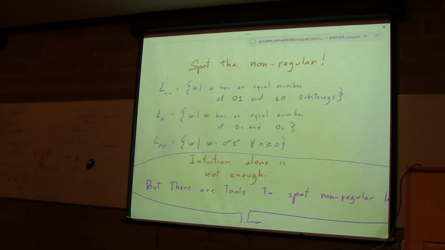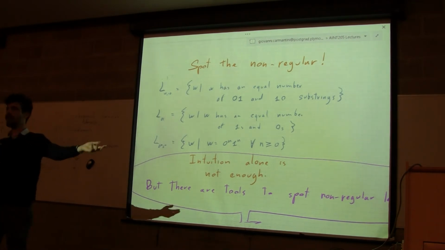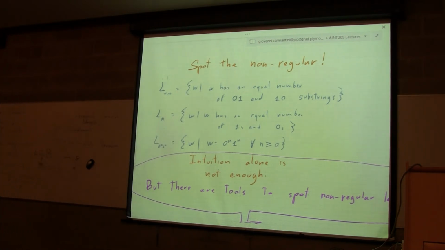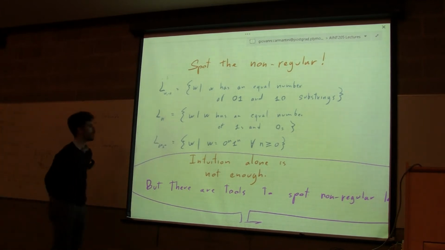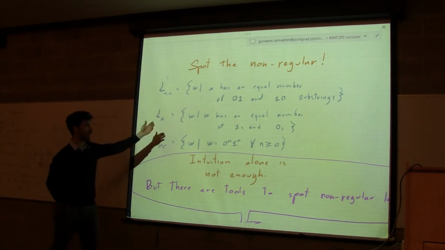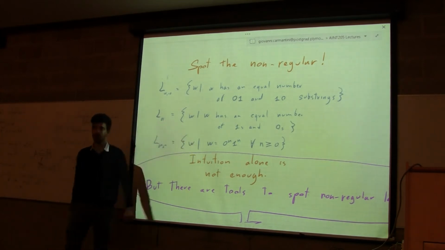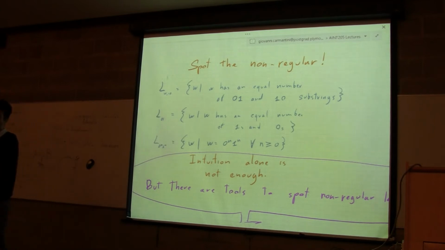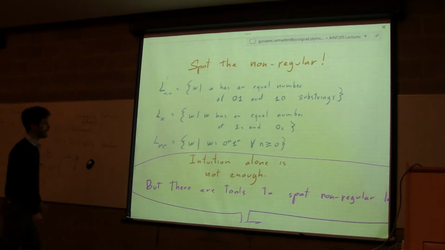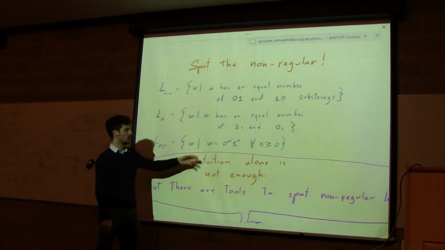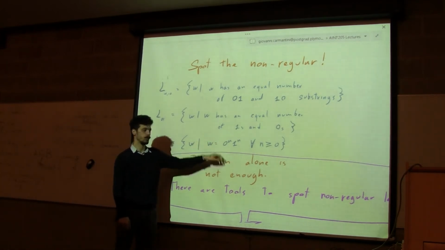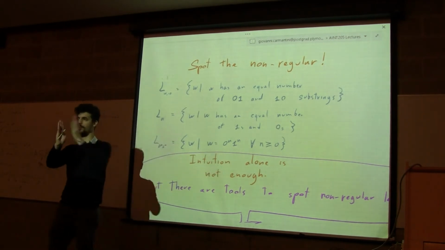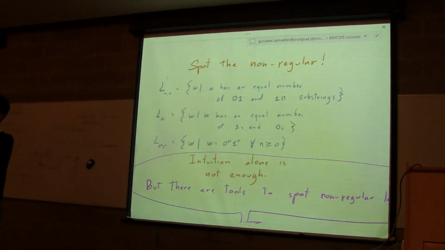It looks like you have to count them, right? Because you have to count, okay, you have ten 0 1s and you have to count ten 1 0s. Language L1: a word in this language has an equal number of ones and zeros. This really looks non-regular. You really have to count, it seems, right? The last one: a word in this language is equal to n zeros followed by n ones. Okay?